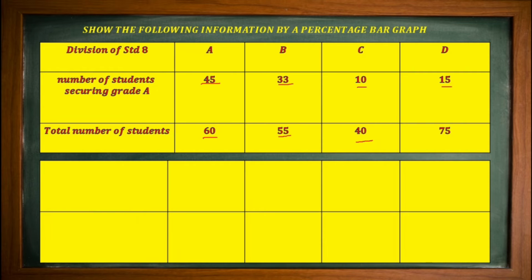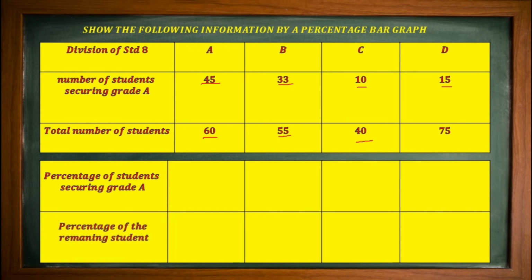Now what we have to do here: first we are supposed to get the percentage of students securing grade A, and then the percentage of the remaining students.